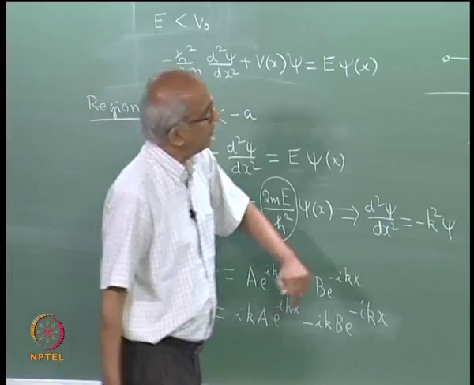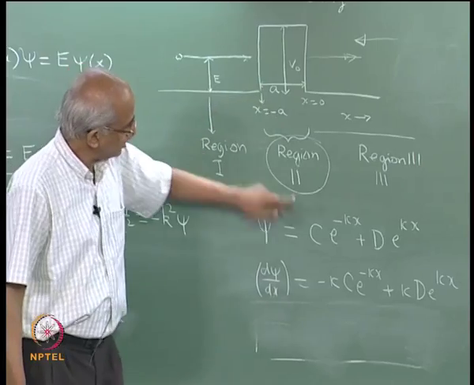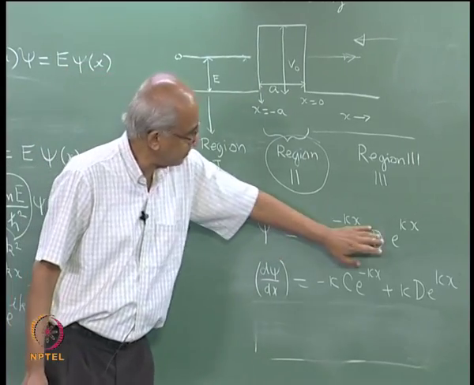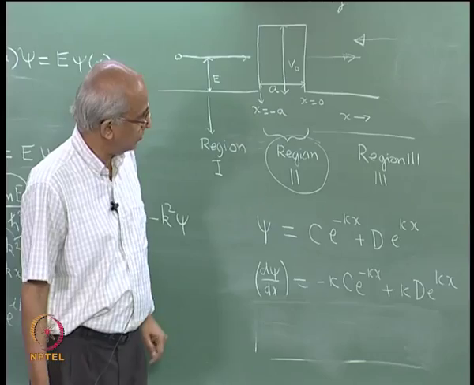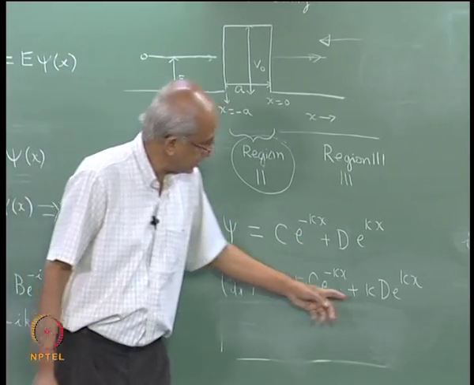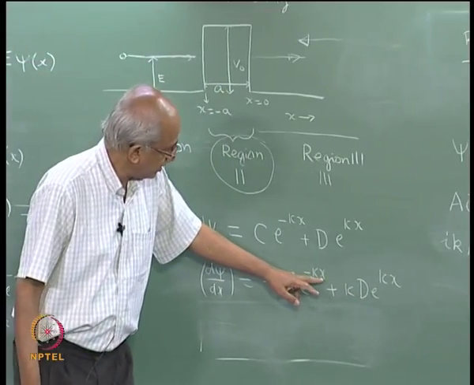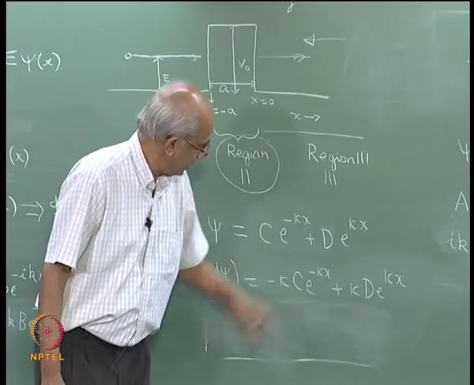And now I evaluate the derivative of the function at this point again using the other functional form. This is the other functional form that is appropriate for region 2, and in that functional form you see we have already carried out the differentiation. The answer is written here. So therefore all that I need to do is put x equal to minus a.